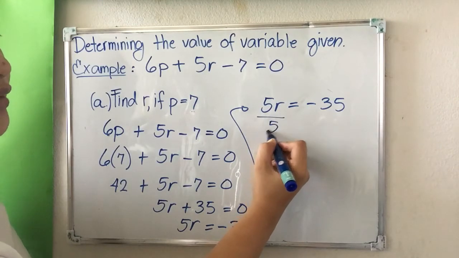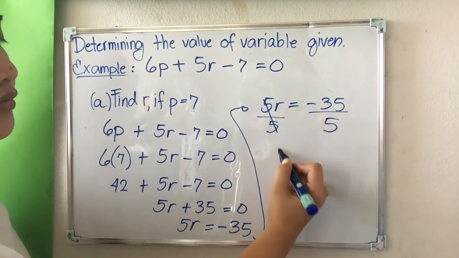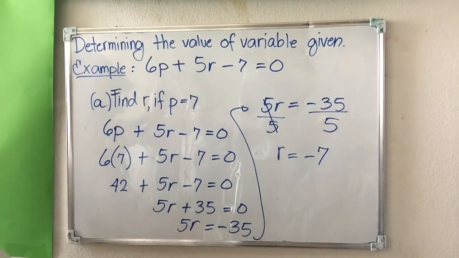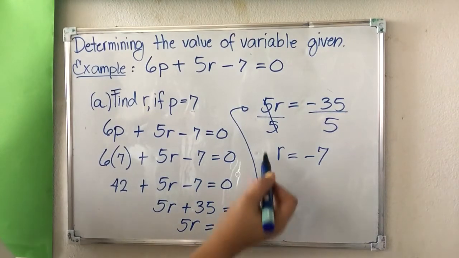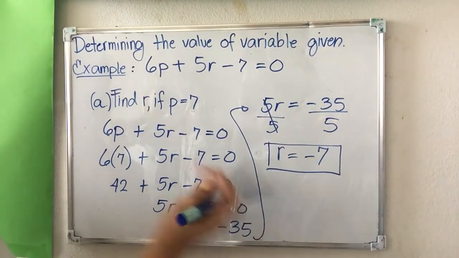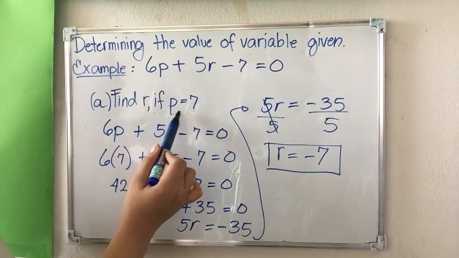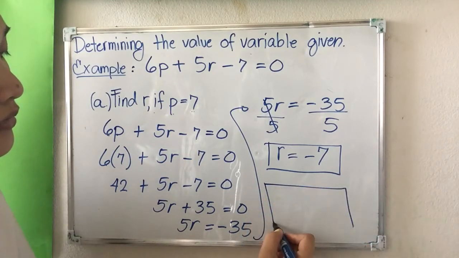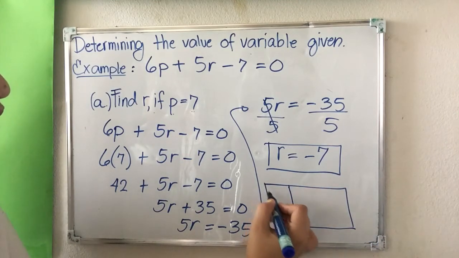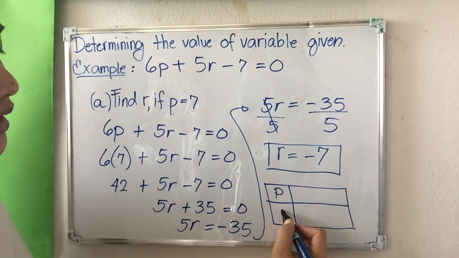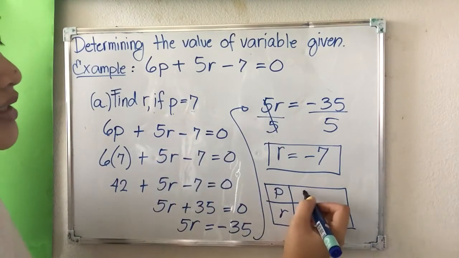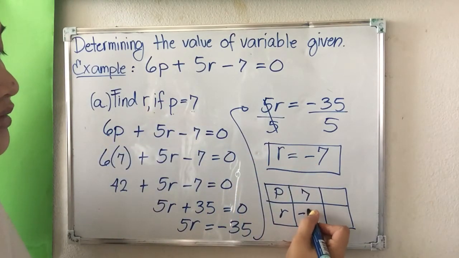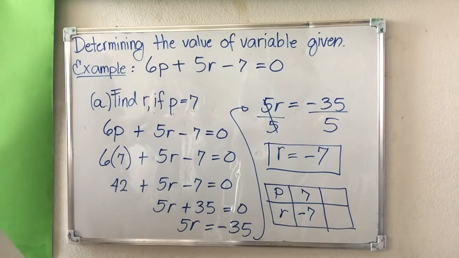So divide by 5, divided by 5. So we have r is equal to negative 7. Therefore, if p is 7, r is negative 7.